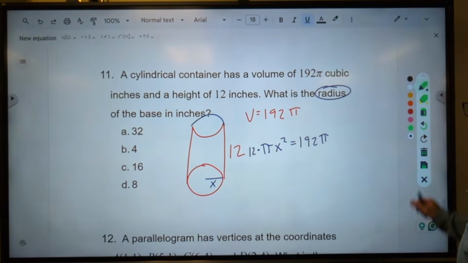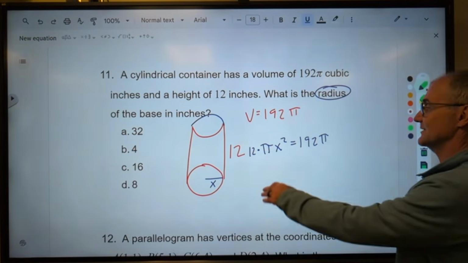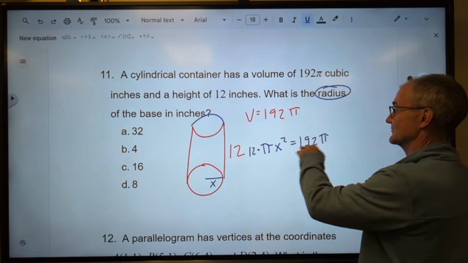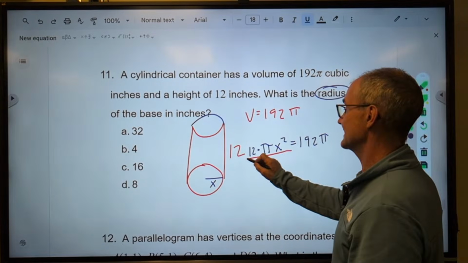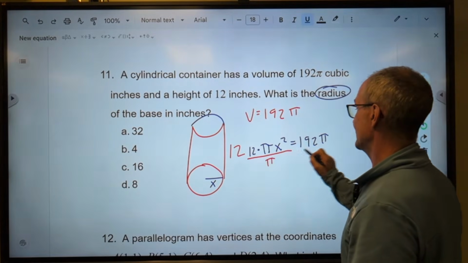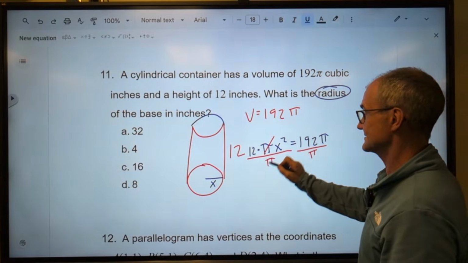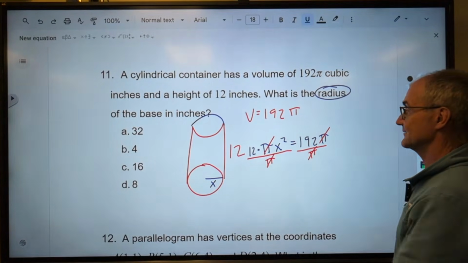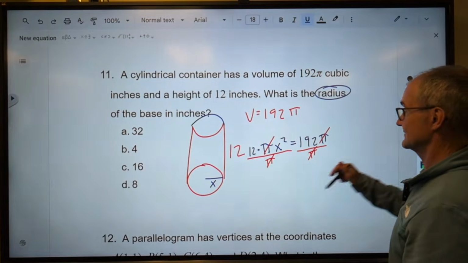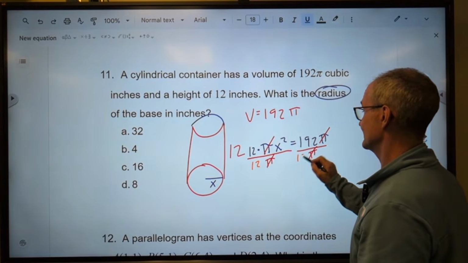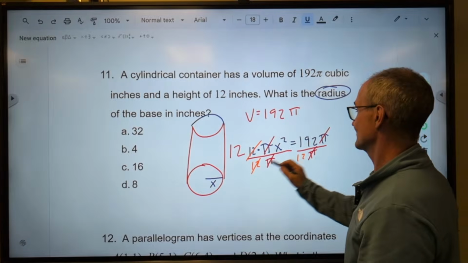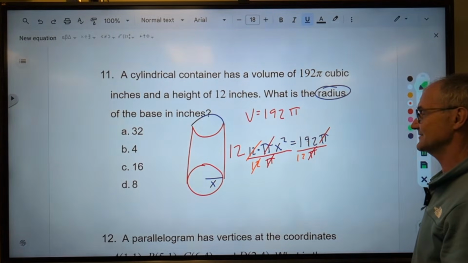Then what I'm going to do from here, I have my equation. Base area times height equals my volume. I'm going to divide both sides by pi. These are going to cancel. Then I want to get rid of that 12. Divide both sides by 12. These cancel. 192 divided by 12.